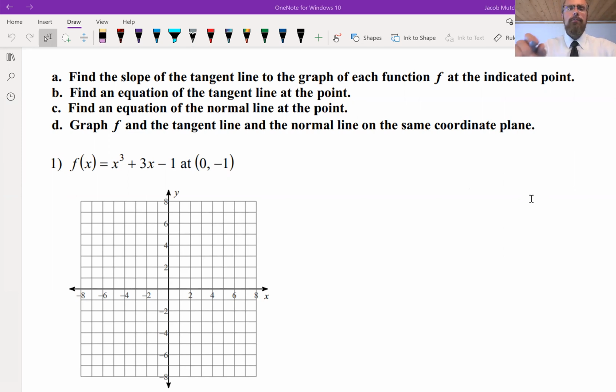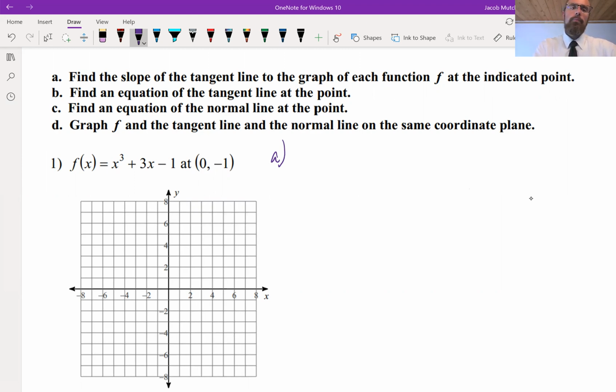But again, let's focus on part A, which is finding the slope of the tangent line to the function f at the indicated point. One thing we need to recall is that a tangent line is a line that is intersecting the function at one point.